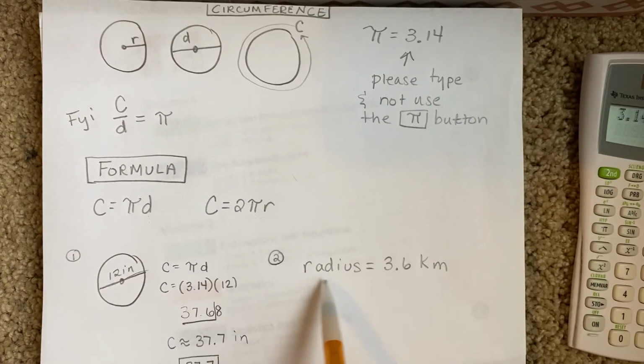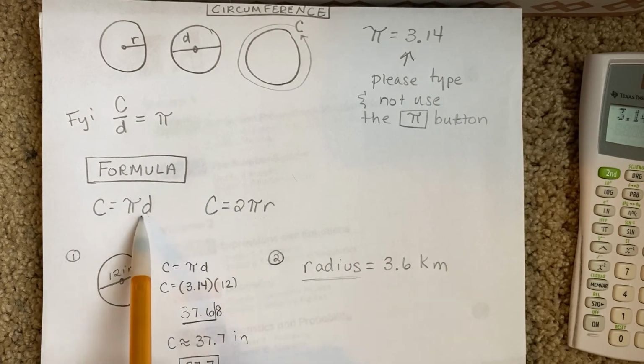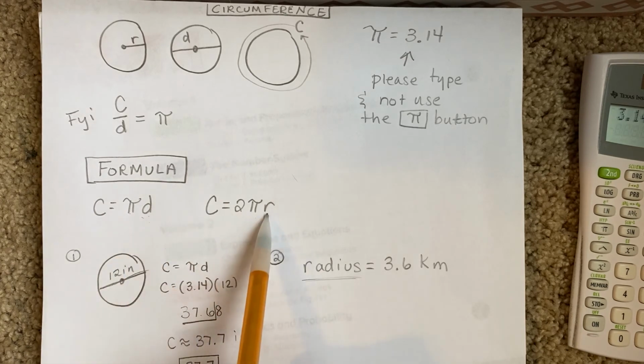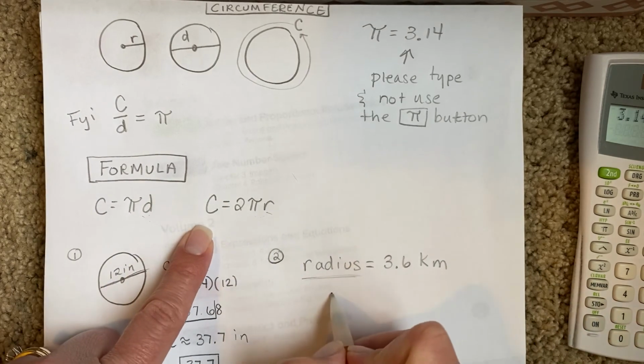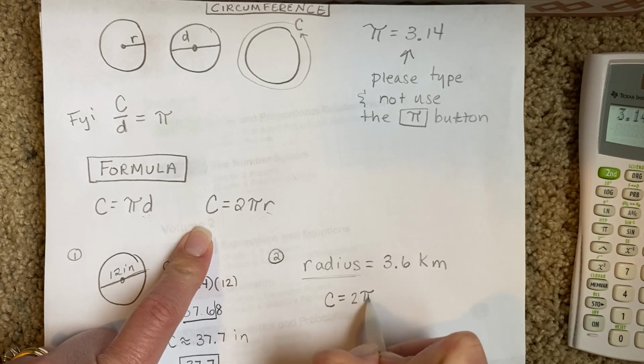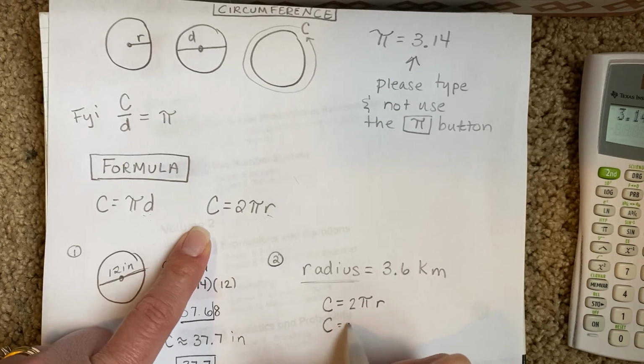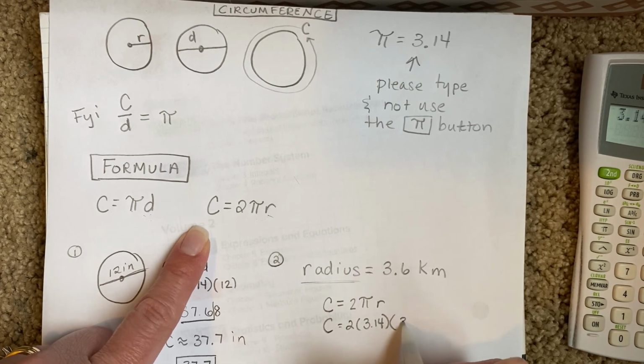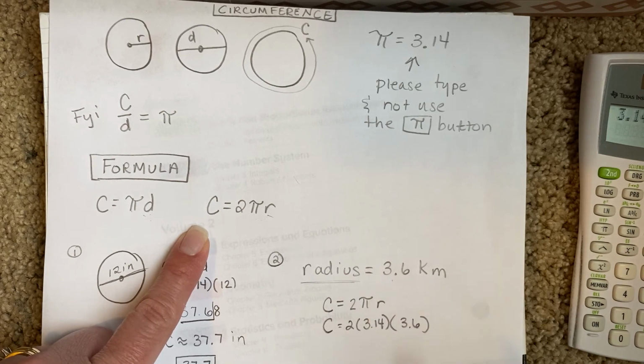The next one says radius, so I'm not going to use the diameter formula, I'm going to use the radius formula. If we were in school, you'd write C equals 2 pi r. C equals 2 times 3.14 times 3.6, which was the radius.